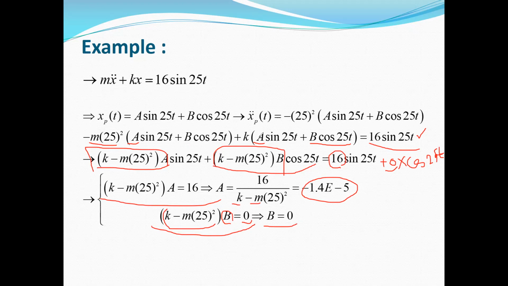Now we can substitute into the response, and you will see that this term is 0 because b is 0. xp(t) is equal to a times sine 25t, and this is the response of your system, or the steady state response of the structure subjected to the base excitation in the form of sine 25t. Any question?